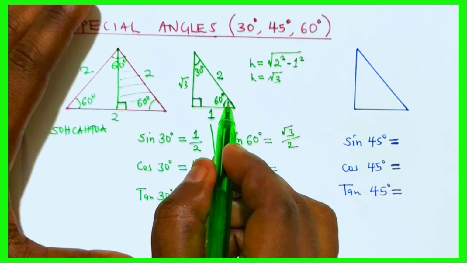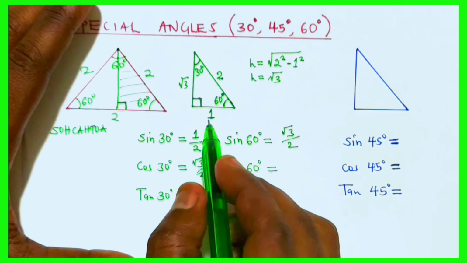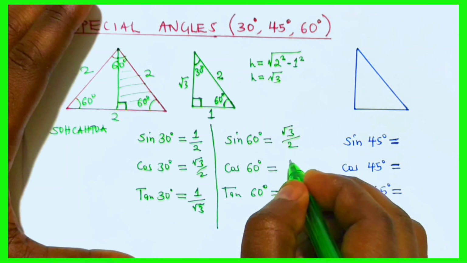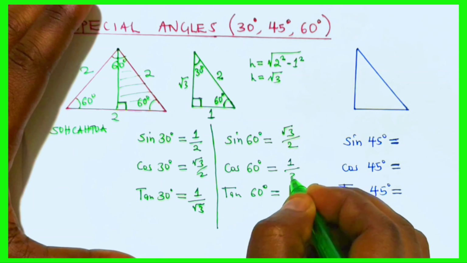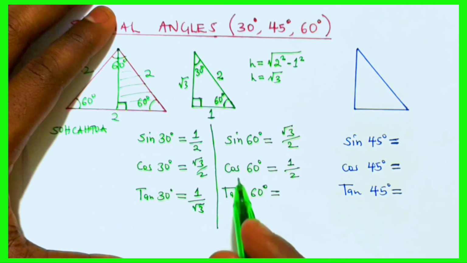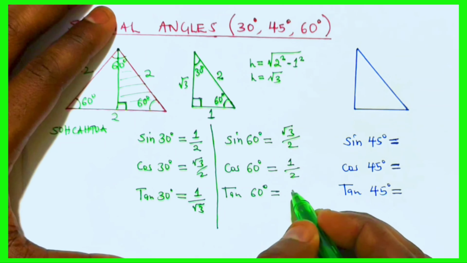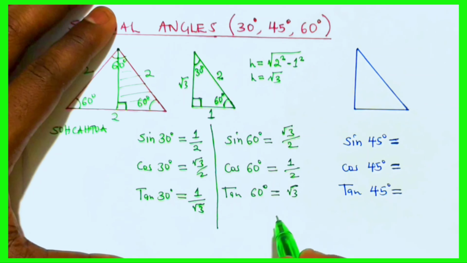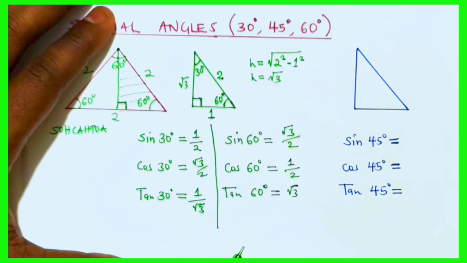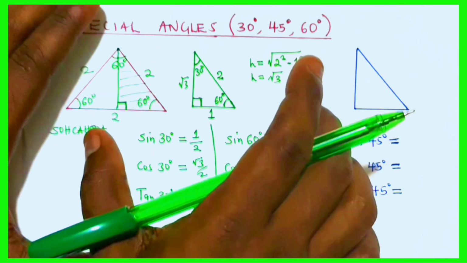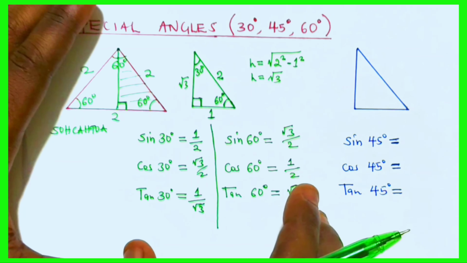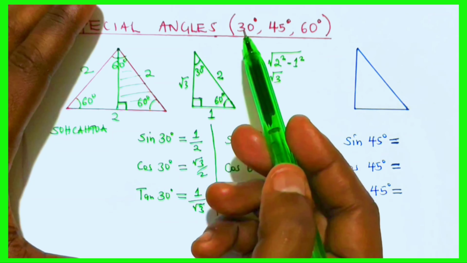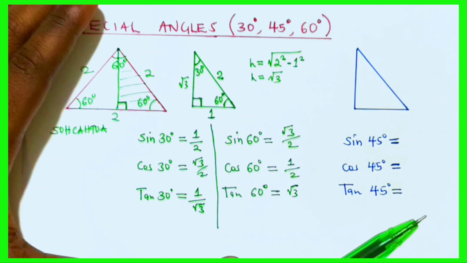And then for the cosine of this angle, the adjacent is 1 and the hypotenuse is 2. And then the tangent of this angle will simply be root 3, or you can also write it as root 3 over 1, but it's unnecessary. So that is how you come up with the sine, cosine and tangents of angle 30 degrees and 60 degrees.